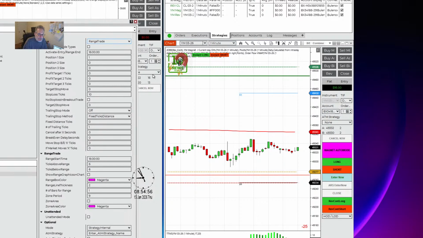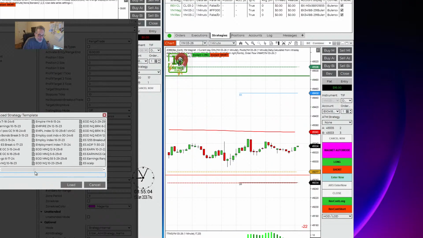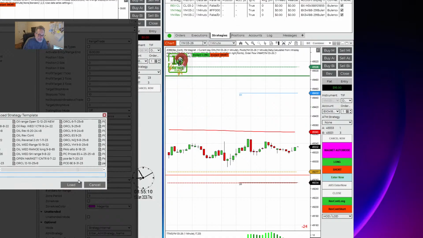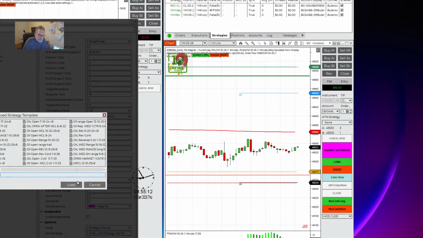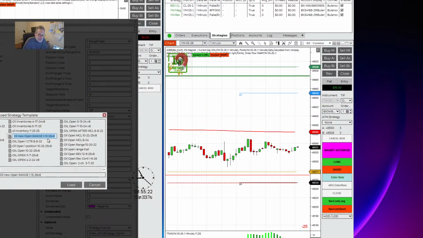And I'm going to load my template, and I'll go over the trade. Oil new open range is the name of the template. Right click it, rename it today's date.